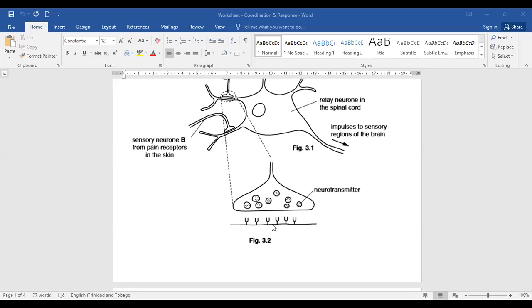Well, remember, it's not that the impulse goes to the receptor cells. When the impulse reaches, it triggers the neurotransmitters to be released from the vesicles. So those neurotransmitters are the chemicals, and those are the ones that go and bind to the receptor cells.